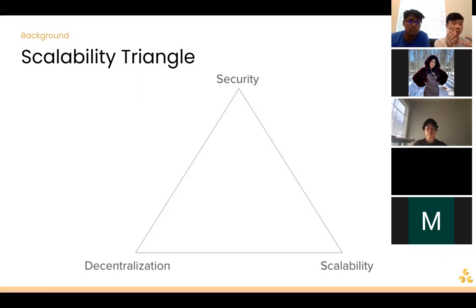So every block that's added takes around 10 minutes to add. You might be wondering, if you want higher throughput, more transactions per second, why not just decrease the difficulty of the hash puzzle? If we decreased it from 10 minutes to 1 minute, for example, there we go, we already have a 10 times increase in scalability. But the problem with that is that it really decreases the security of the system, right?